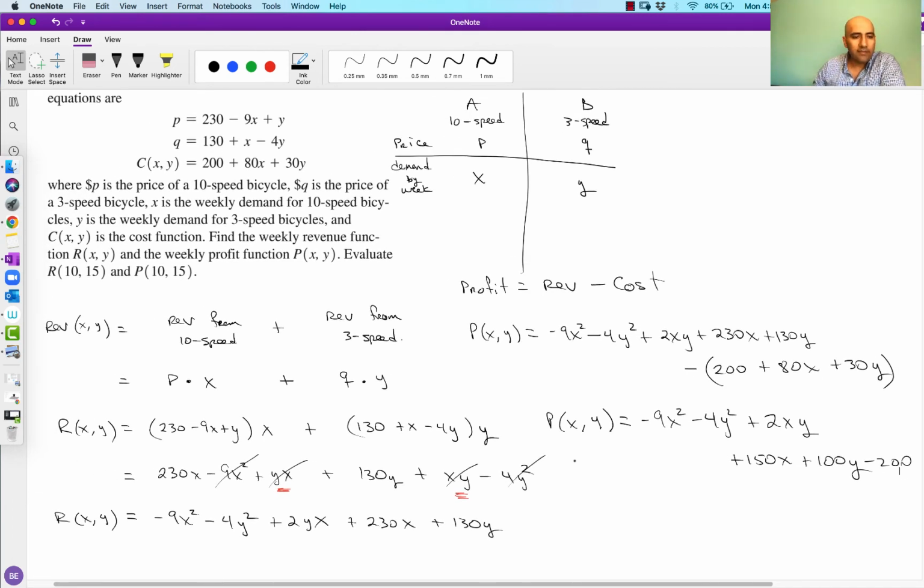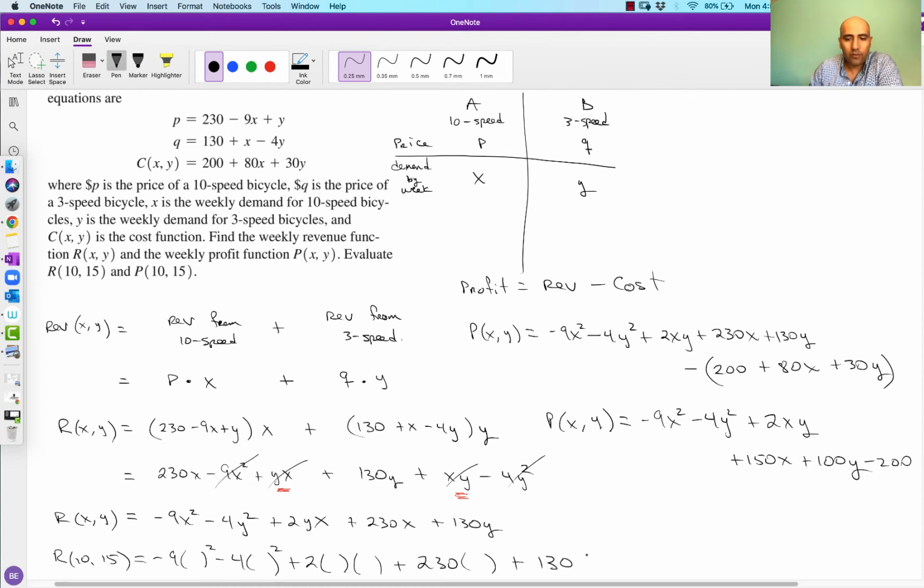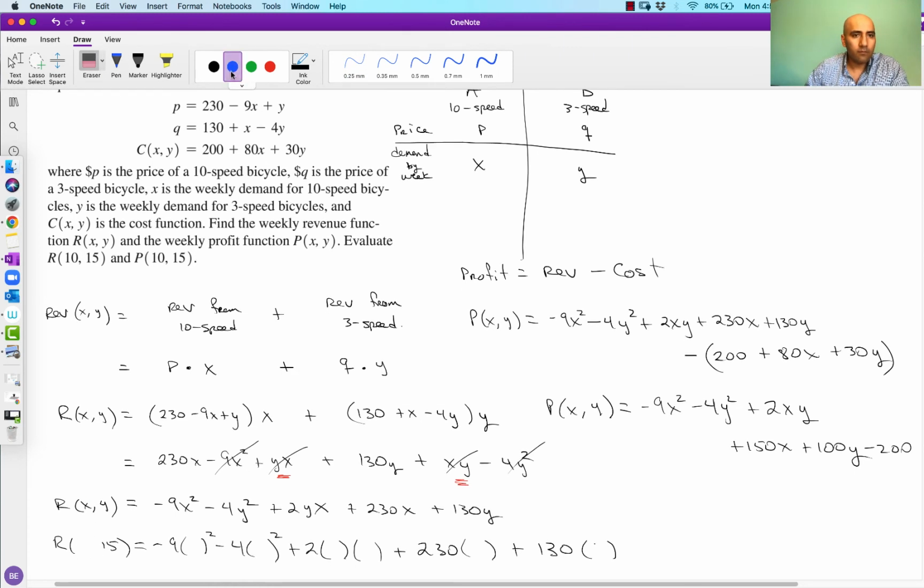Good. Finally, they ask us to evaluate R of 10, 15. So R of 10 comma 15 is equal to minus 9, putting a 10 in there, squared, minus 4 times blank squared, plus 2 times blank blank plus 230 times blank plus 130 times blank. So if the x is a 10, let's put it in color here. So let's make this a 10.